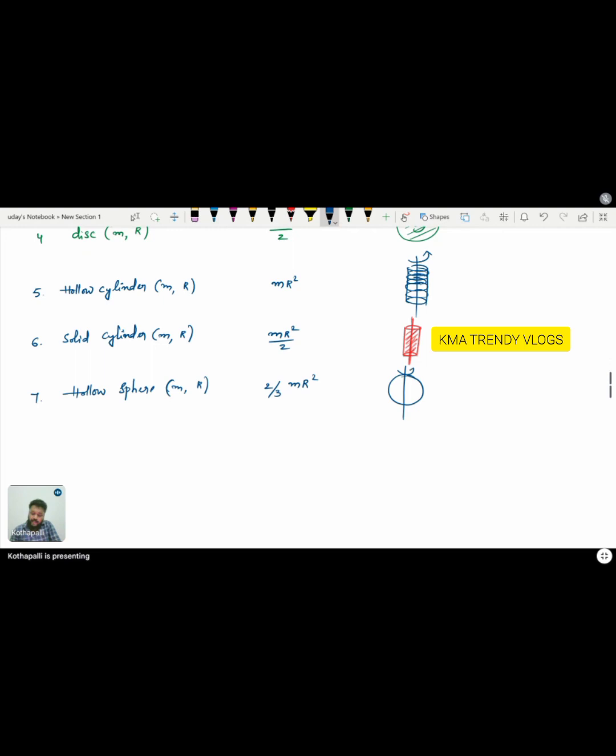Just remember the value. If anybody wants the derivation, I can explain how to do it. Next, solid sphere of mass m and radius r. It is 2 by 5 mr square. Solid sphere like this.